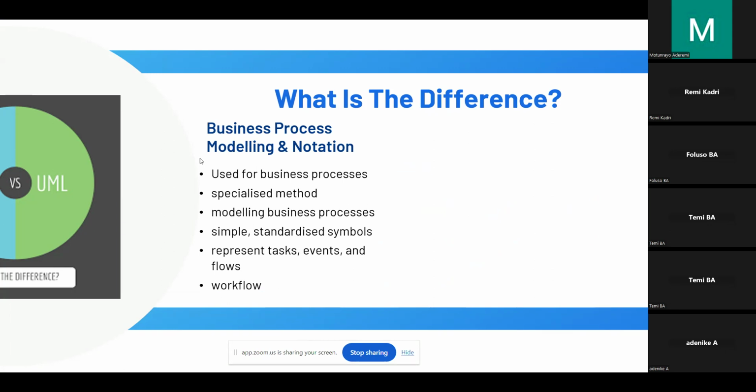And if the process is that someone sends an email to someone else, there's a shape that is used to capture that. Again, like I said, used to model business processes. It's simple, standardized, used to represent tasks, events, flows, and just to show you what the workflow is. So that's basically what BPMN is.